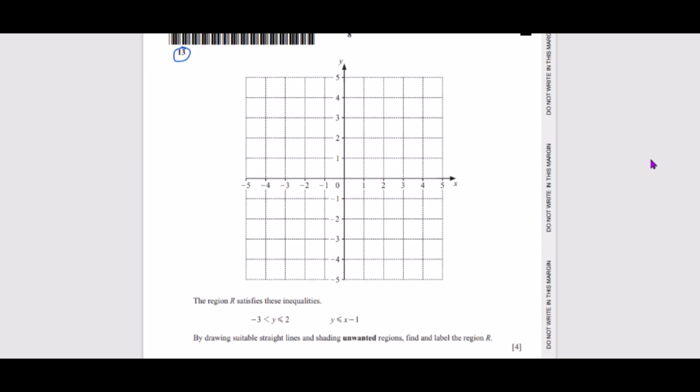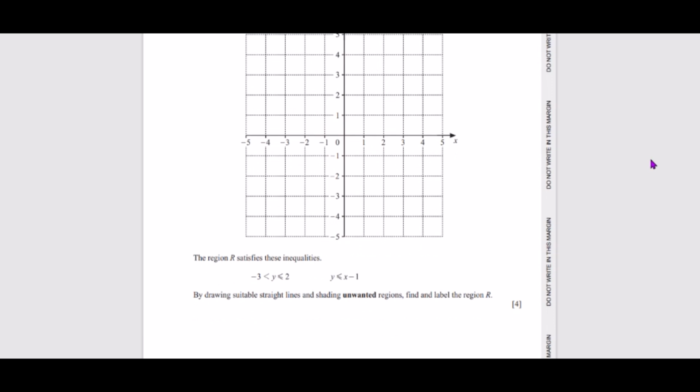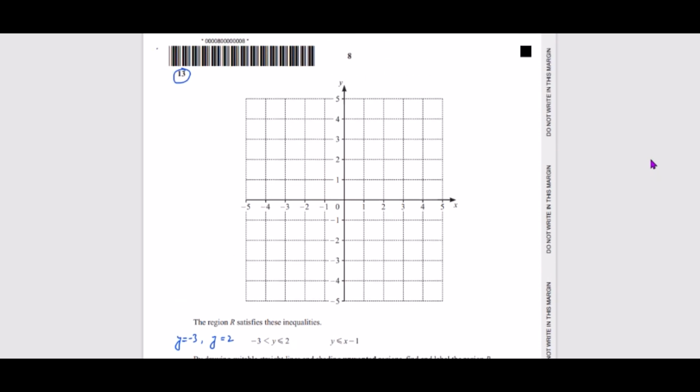First of all, put y is equal to minus 3 and y is equal to 2. The inequalities should be converted into equations. So y is equal to minus 3 is a line.